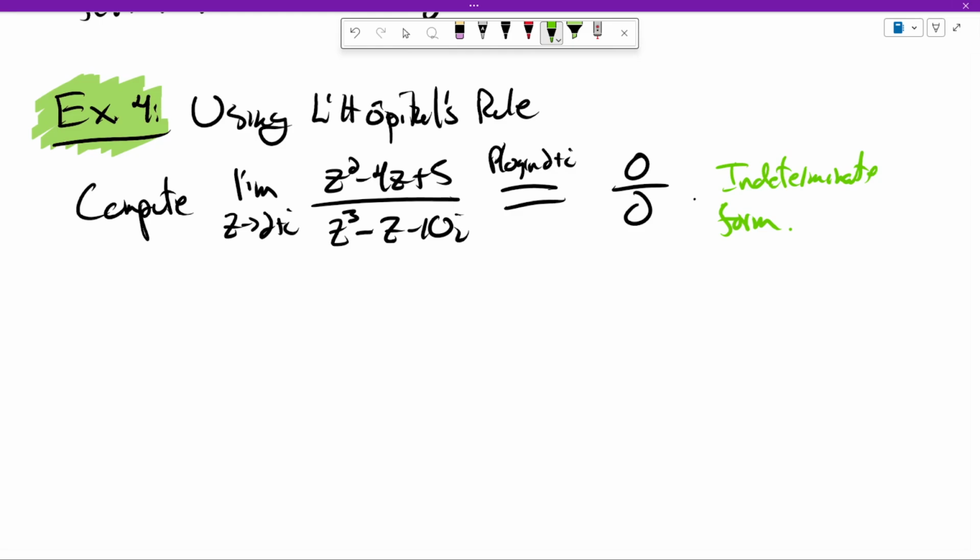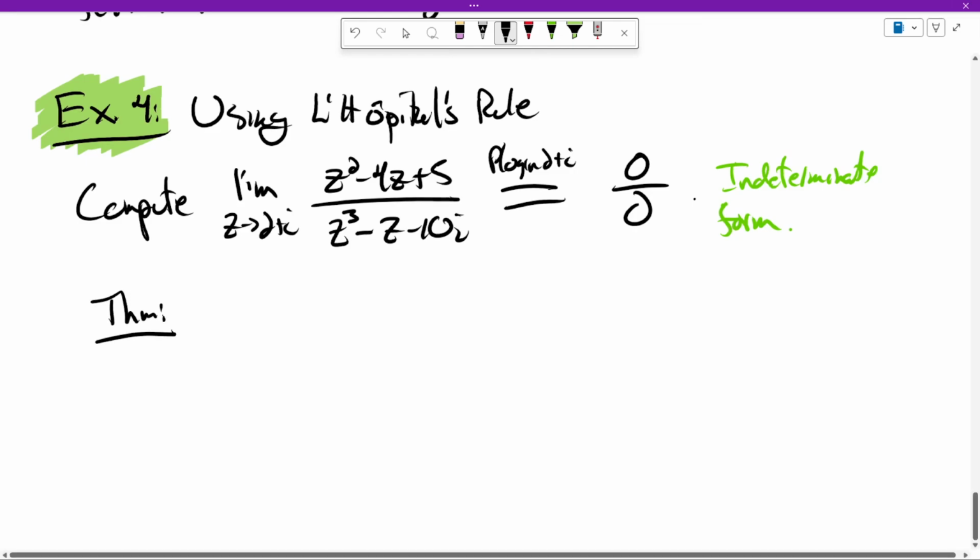If we encounter these indeterminate forms, then there's the familiar formula for trying to compute them a separate way using L'Hopital's rule. L'Hopital's rule says the following in the context of this class, as a reminder. This is a theorem.